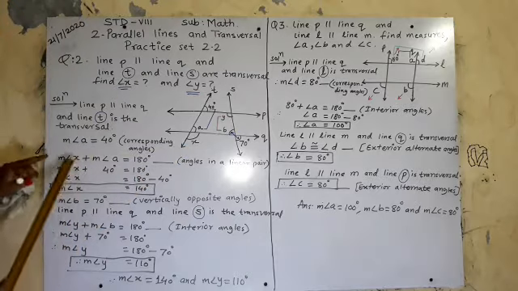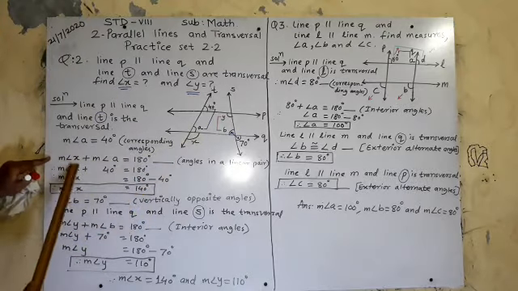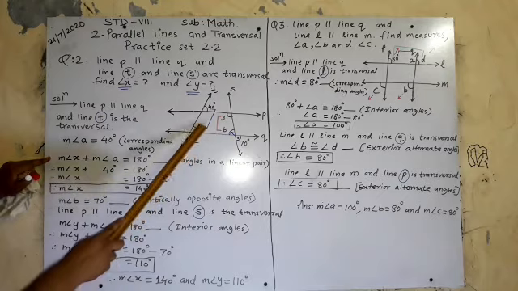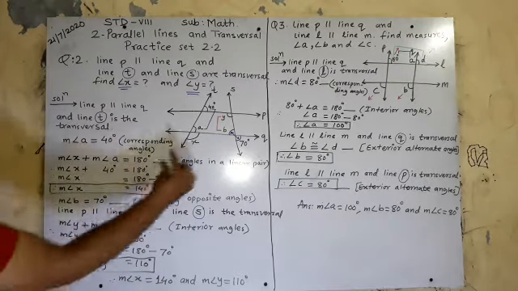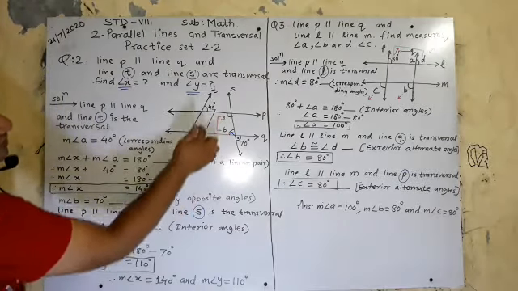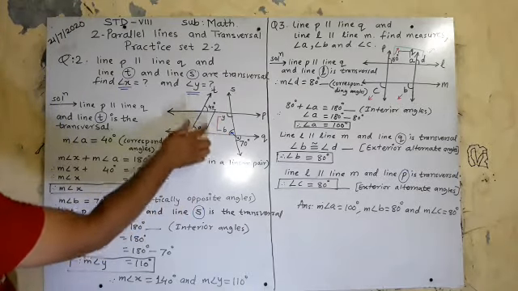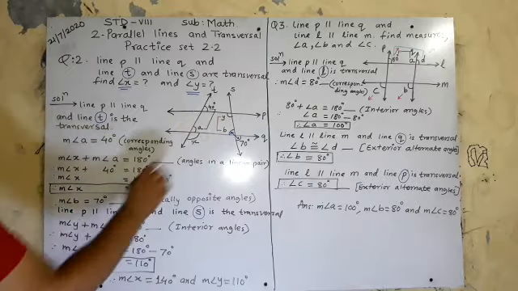Please focus. Now can you see over here that measure of angle X plus measure of angle A is equal to 180? This is new to you. Can you see the two angles are alongside, adjacent, and one line is in between?